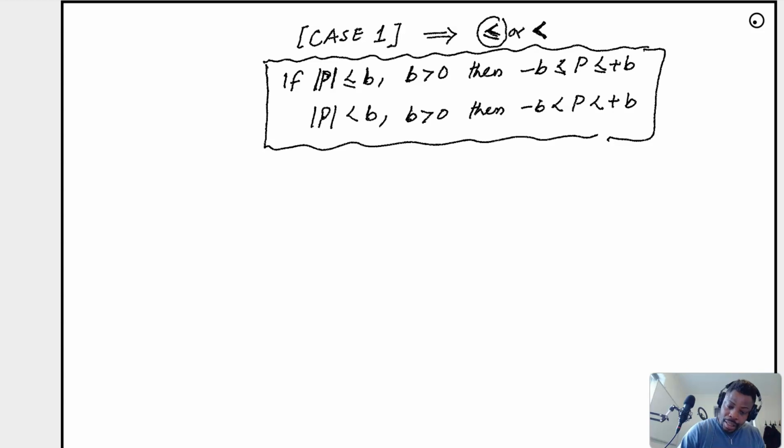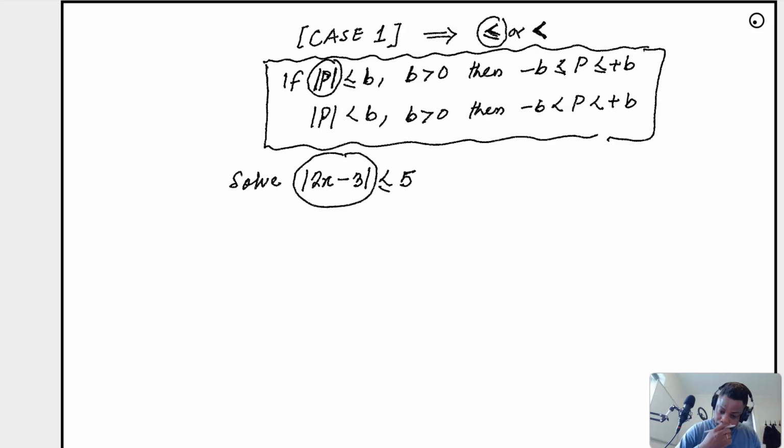Now, what this case is saying is that, for example, if you're asked to solve modulus of 2x minus 3 less or equals to 5. Let's compare this now. You can see my modulus P is same thing as modulus 2x minus 3. My less or equals to is same thing as less or equals to, and my B is same thing as my 5.